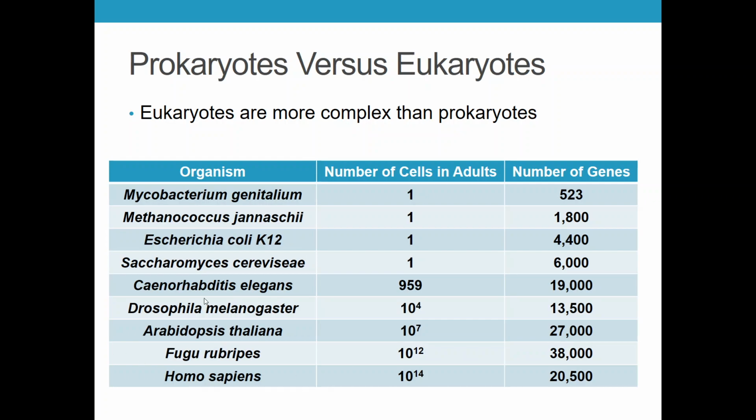So here, C. elegans, these are worms. You have the average organism having just shy of 1,000 cells, but per cell, you got about 20,000 genes. If you go down to humans, Homo sapiens, you'll find we have quite a bit more in the way of cells, number of cells per organism, but per cell, we still have about 21,000 genes.